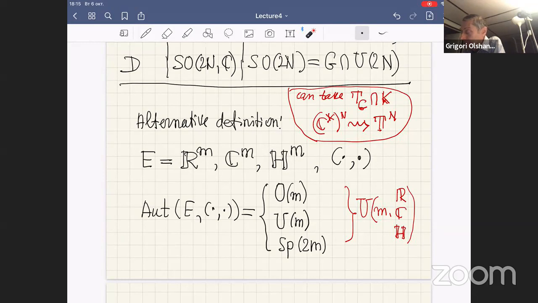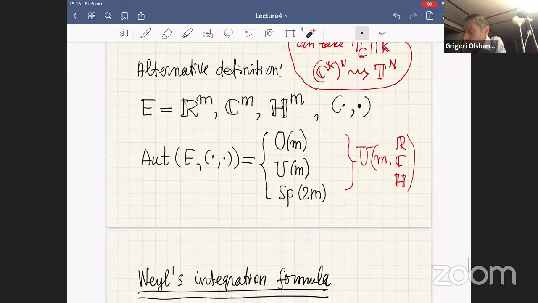So the very notion of symplectic is in some sense hidden here. In this definition, at first glance, we have no symplectic form. It appears in some more sophisticated way. So this is an alternative definition. I would like to repeat it. It is sometimes useful also, but I will not use it just now.